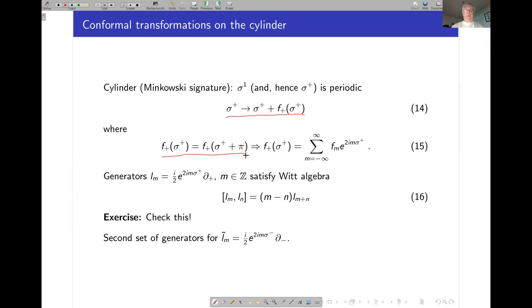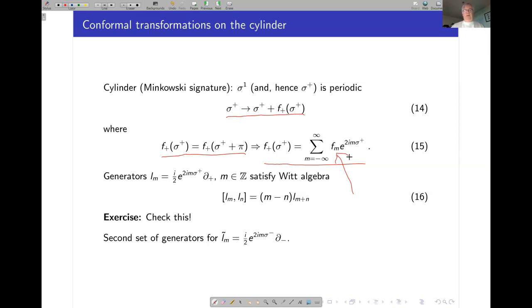Now, for periodic functions, I know that there's a kind of basis in which I can expand these functions, and this is nothing else than the Fourier series, and then I have here infinitely many coefficients f_m, the Fourier coefficients, and these parametrize all possible periodic functions that I can use to generate infinitesimal coordinate transformations.